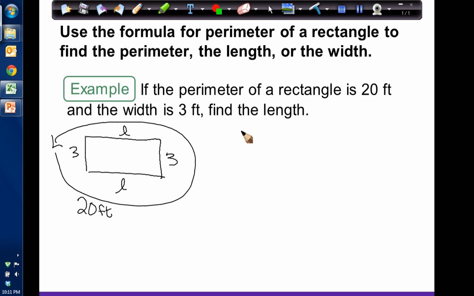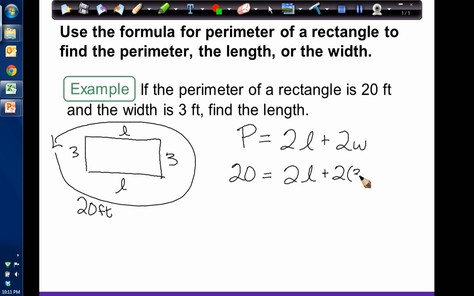Let's use the formula. Perimeter of a rectangle is 2 times the length plus 2 times the width. We know the perimeter is 20 feet, and we don't know the length, but we do know the width is 3 feet.